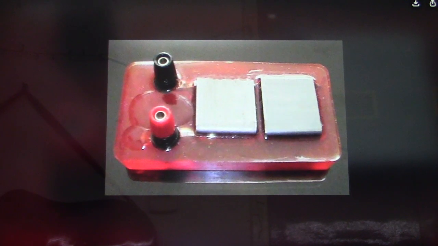Conclusion. The Alexander cell is a practical and effective tool for determining corrosion and the performance of the cathodic protection systems.